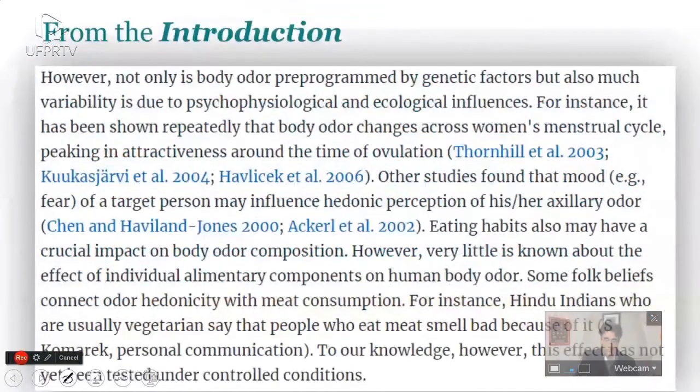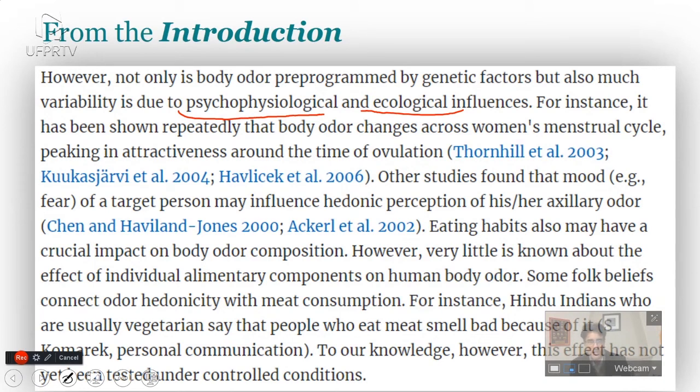And then in the introduction, they mention that not only is body odor pre-programmed by genetic factors, but also variability is also due to psychophysiological and ecological influences. So it's already foreshadowing that there is going to be some discussion of mood, perhaps, and that is included there as one of the variables.